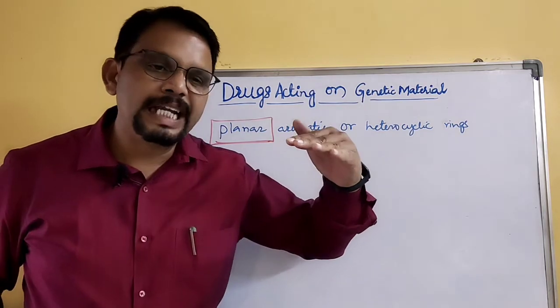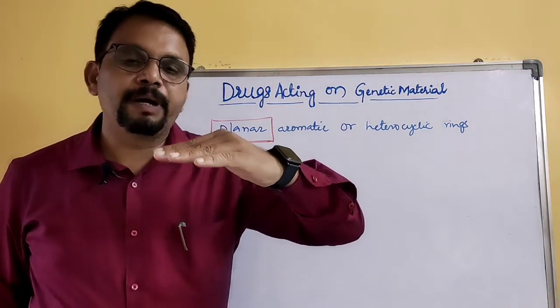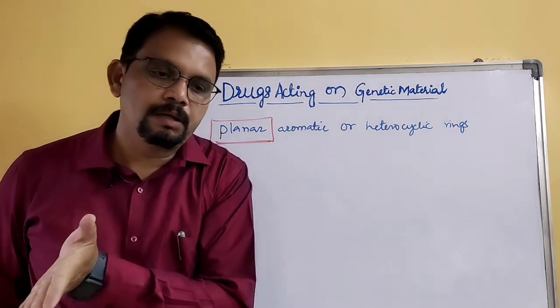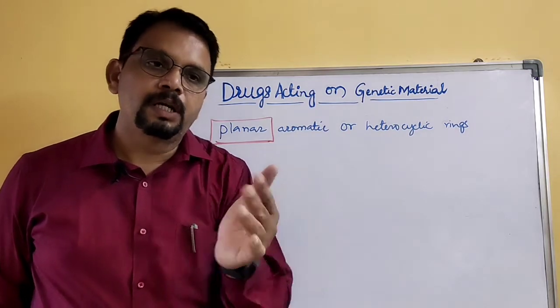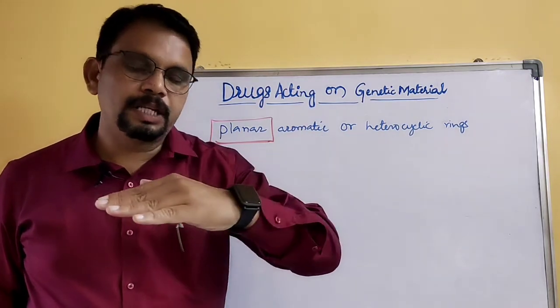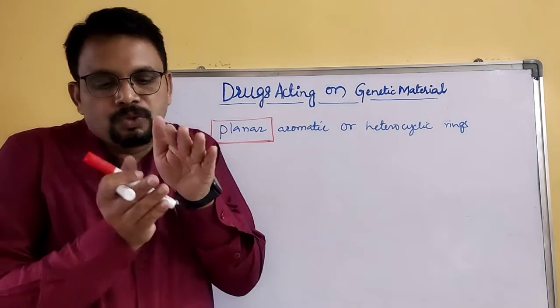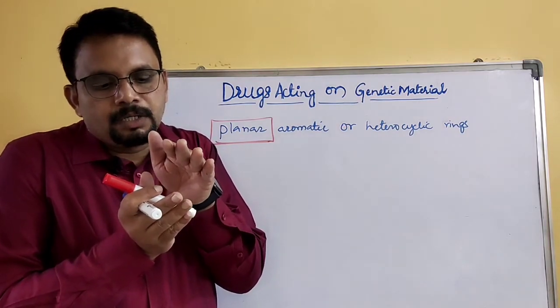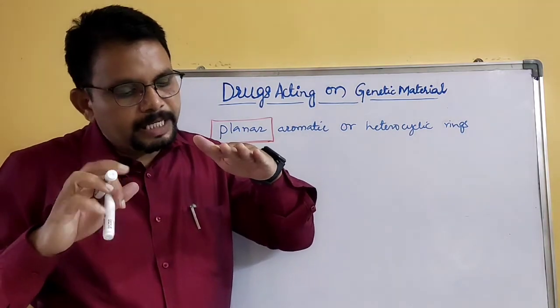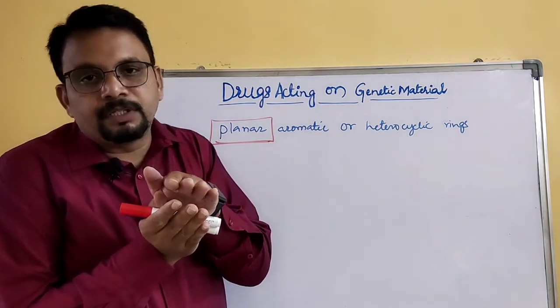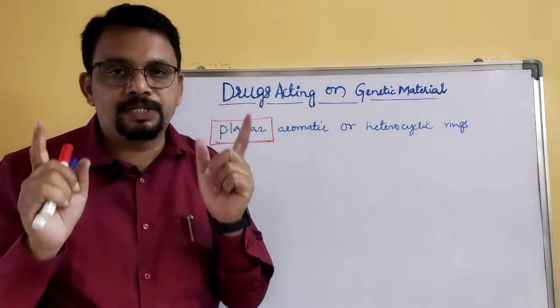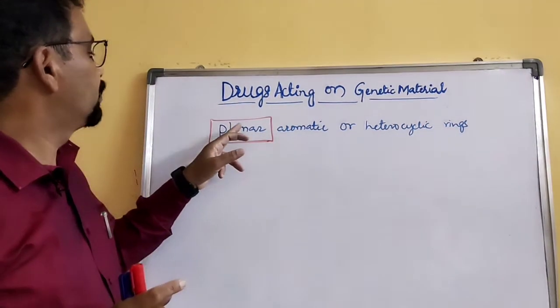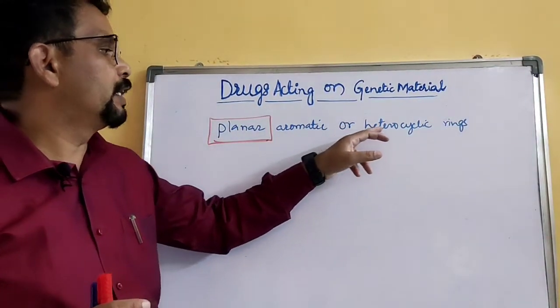They should enter through the DNA minor groove or DNA major groove, and slip into those two strands. To slip between the two strands it should have a planar structure. That's why I am telling you they must have planar aromatic or heterocyclic rings.